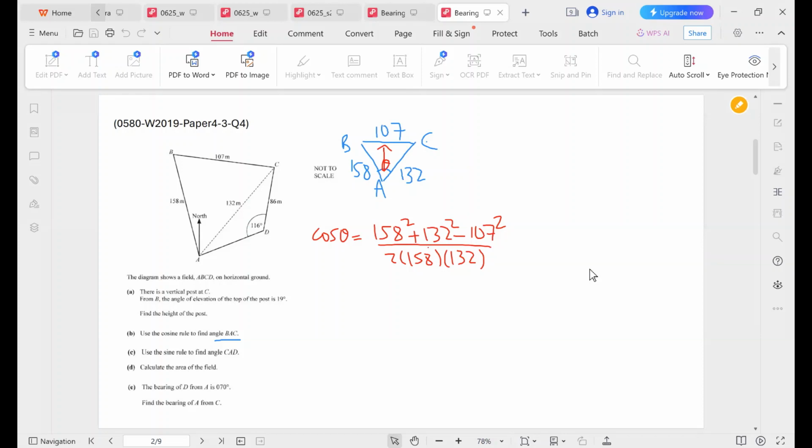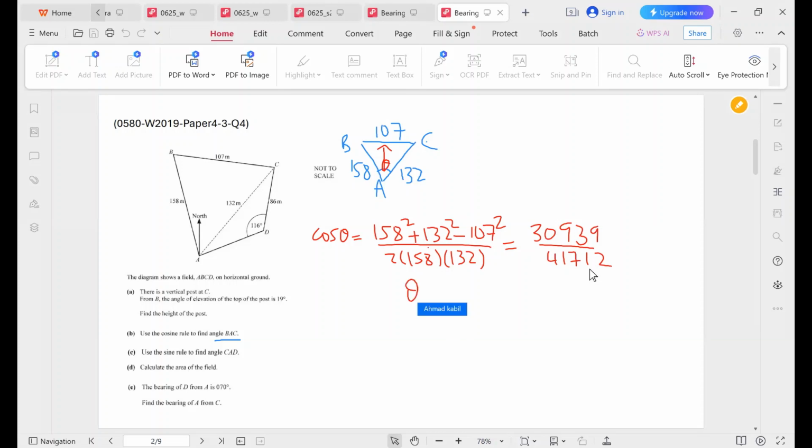This gives us 30,939. So we have 30,939 in the numerator. In the denominator, we have 2 multiplied by 158 multiplied by 132 for 41,712. Now we evaluate shift cosine this fraction here.